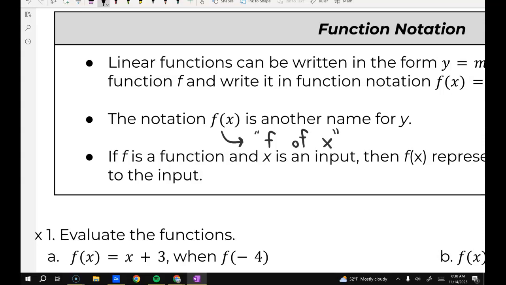F of x. Again, that can be in place of our y. F of x is just another way we can express what our output is going to be.